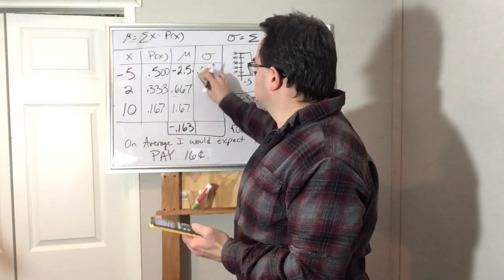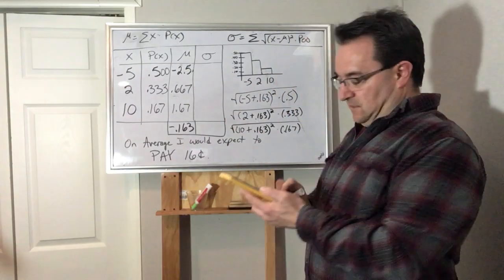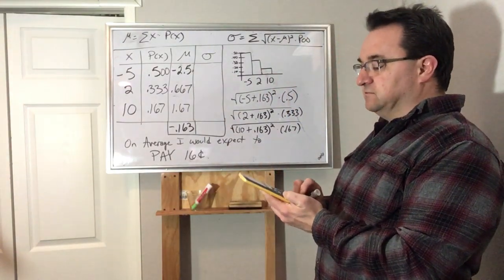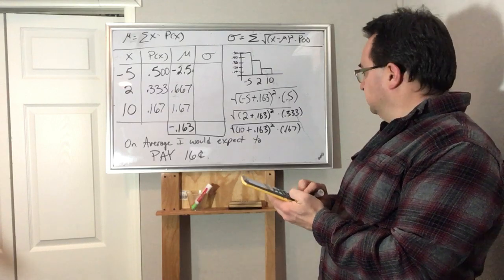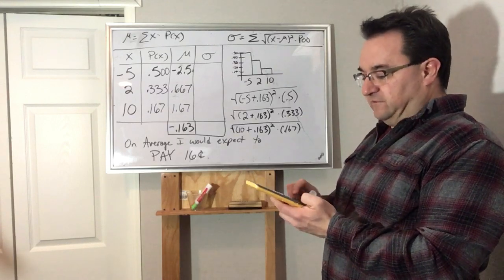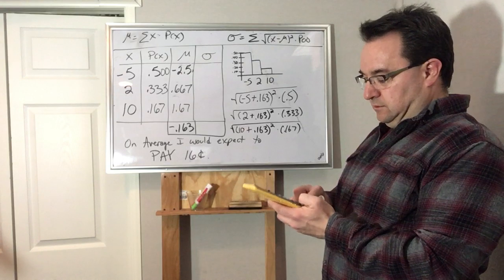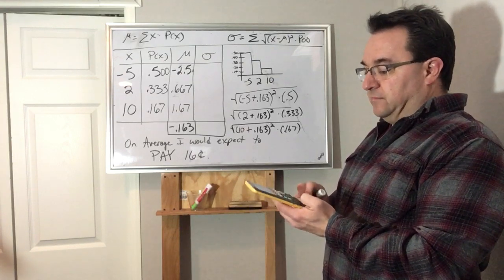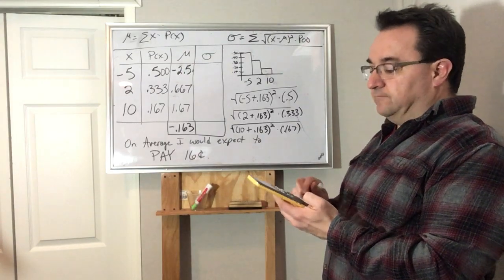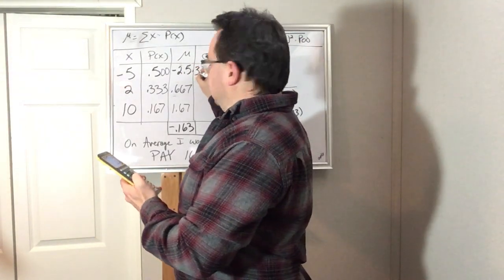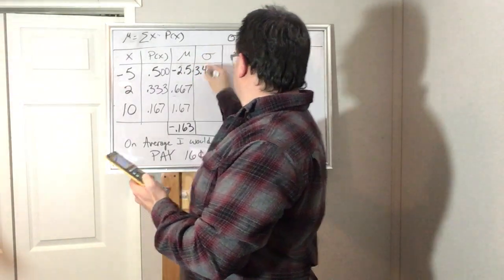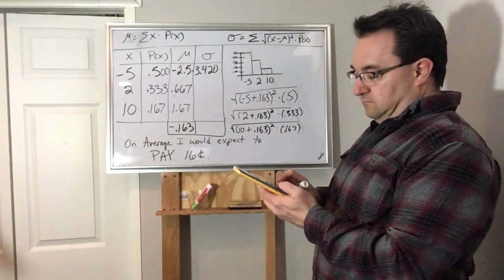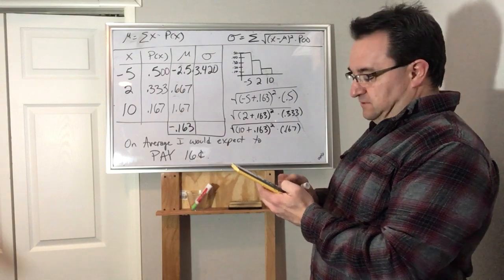I gotta back this up. Minus 5 plus 0.163 squared times 0.5 and then I got to square root that. 3.420. I better do that again. Sorry about you watch me punch buttons here.